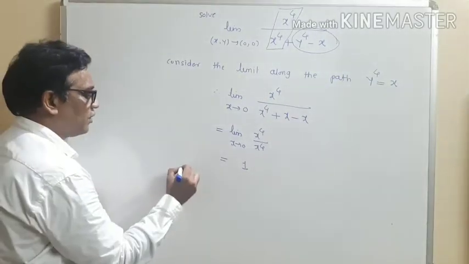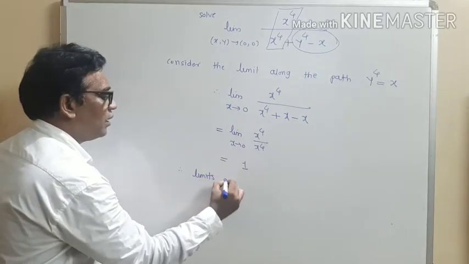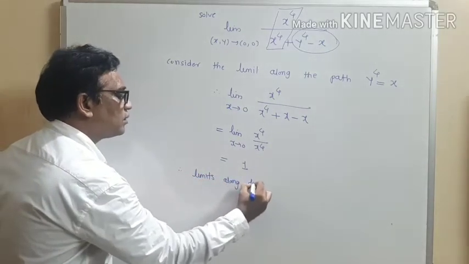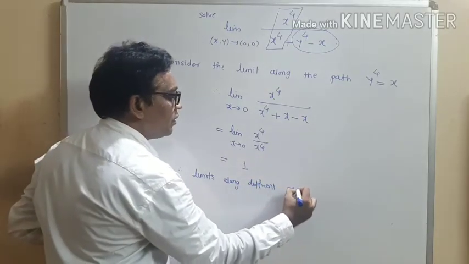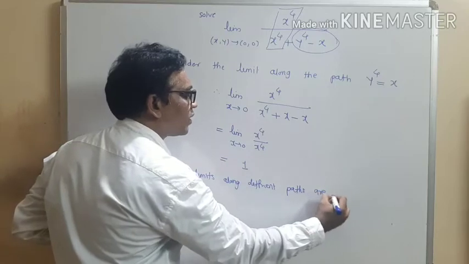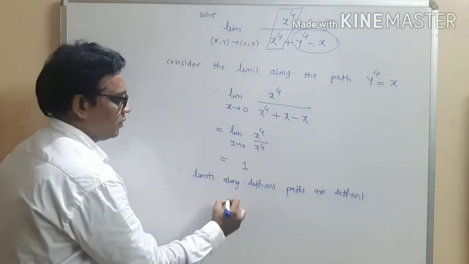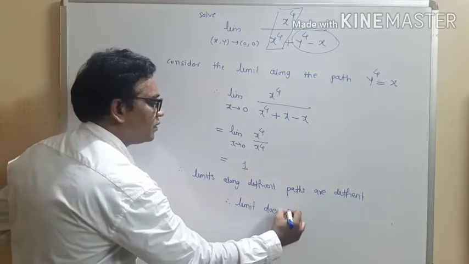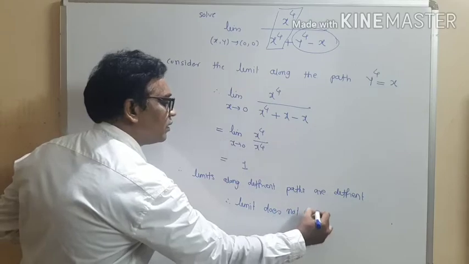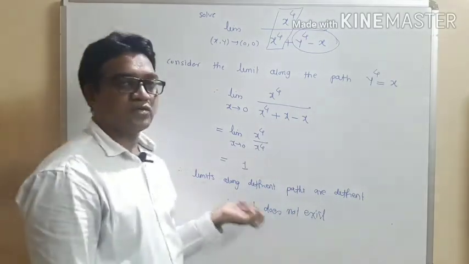Write down the conclusion: therefore, limits along different paths are different, therefore limit does not exist.